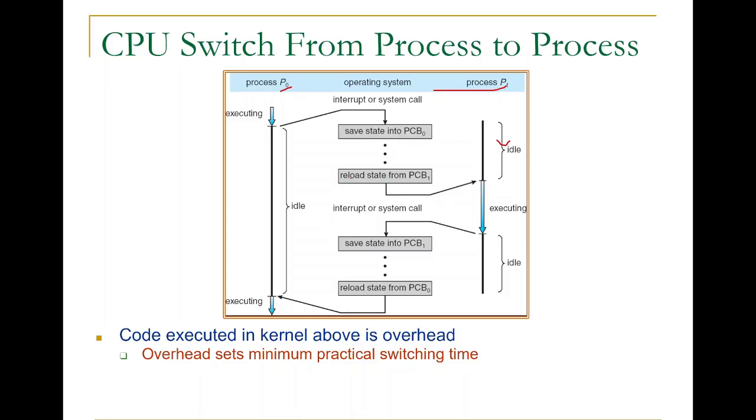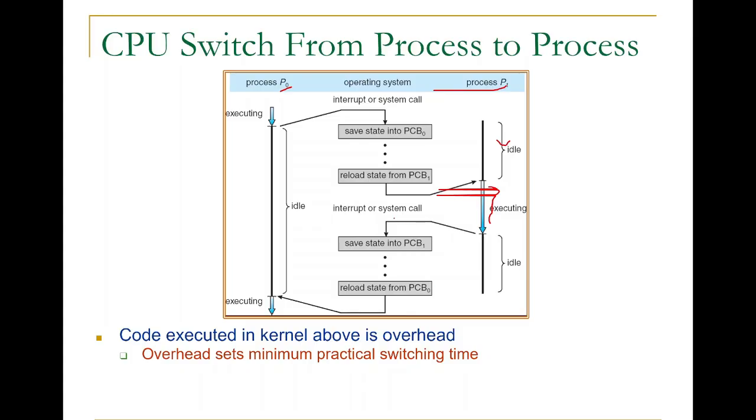So it loads the state from process 1. It loads the process control block of process 1 into the system. And once it does that, it starts executing again. So this is when the CPU becomes busy again. Then once it's through, there's another system call to load process 0 again.